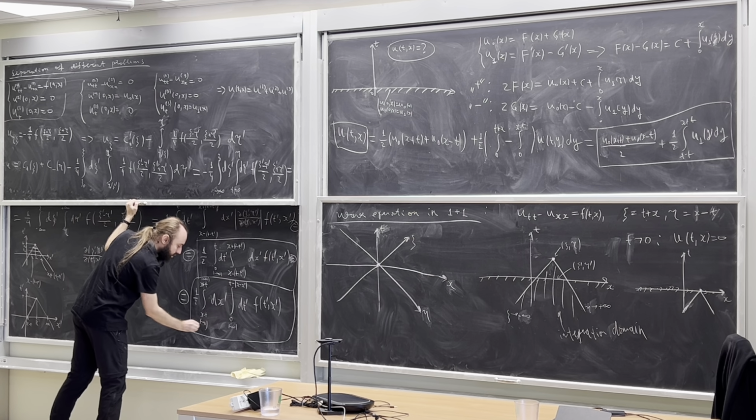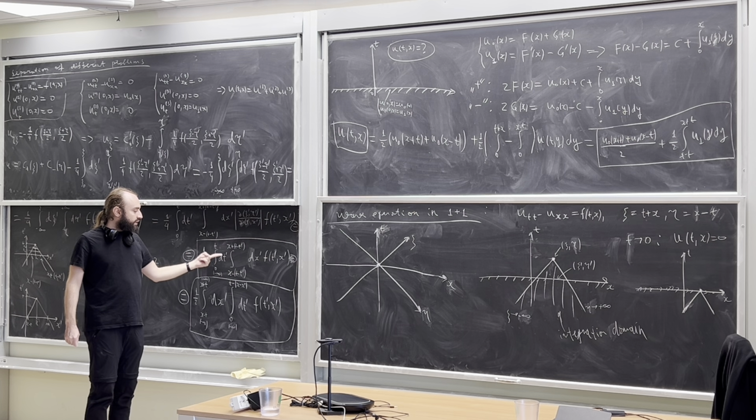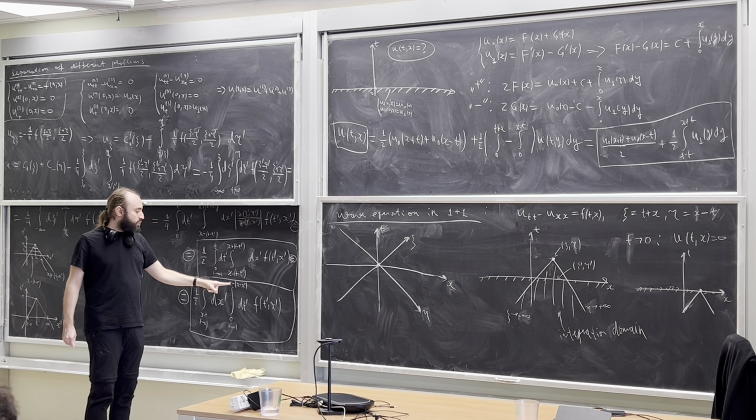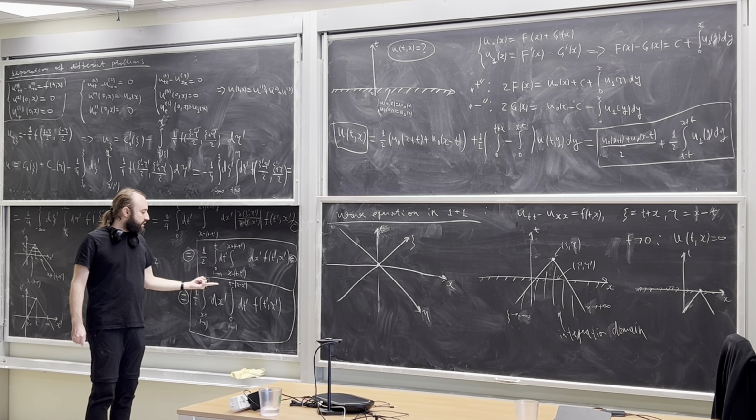So this integral is slightly better because computationally, of course, this integral is simpler, but from a conceptual point of view, this one looks more similar to higher dimensional answers, because in that case it's unclear what is x plus t minus t prime and x minus t minus t prime.